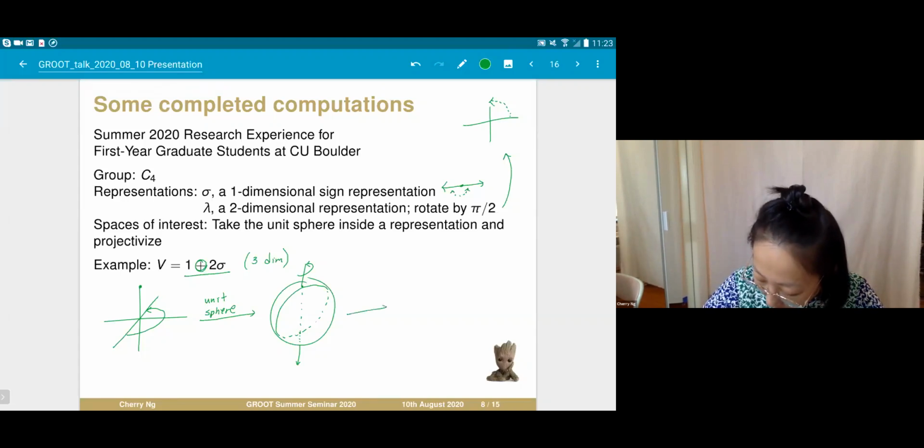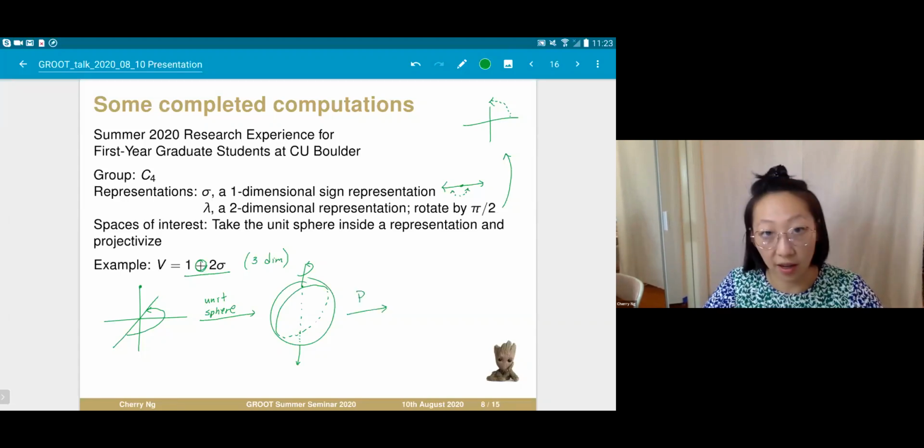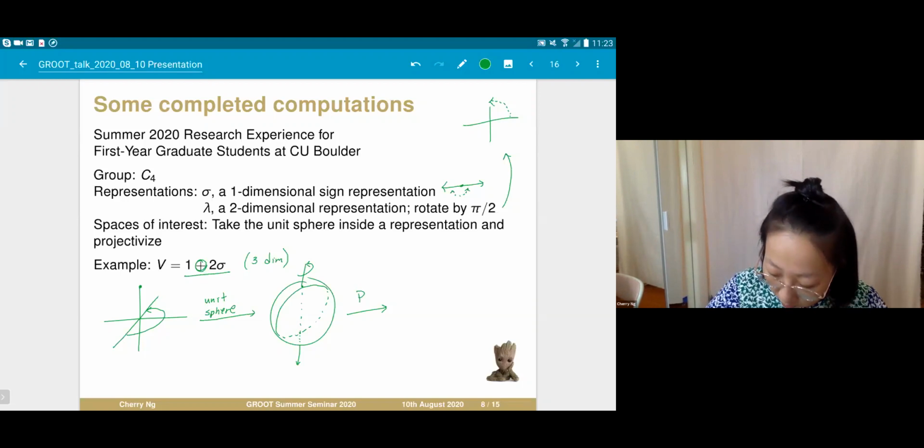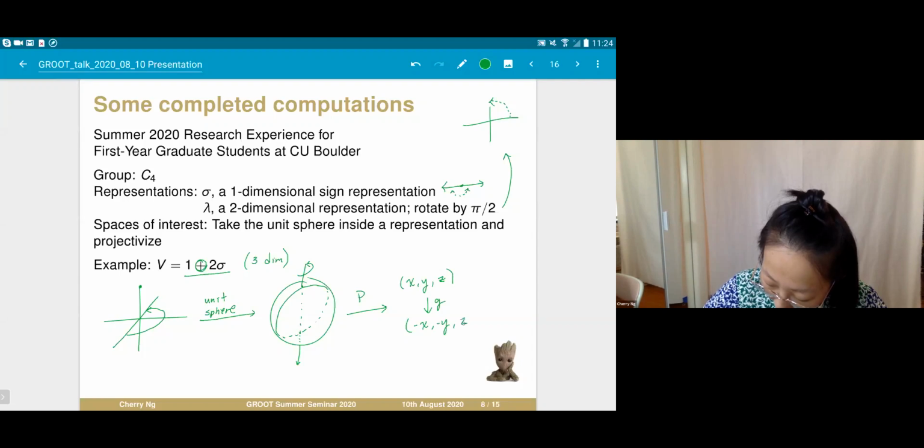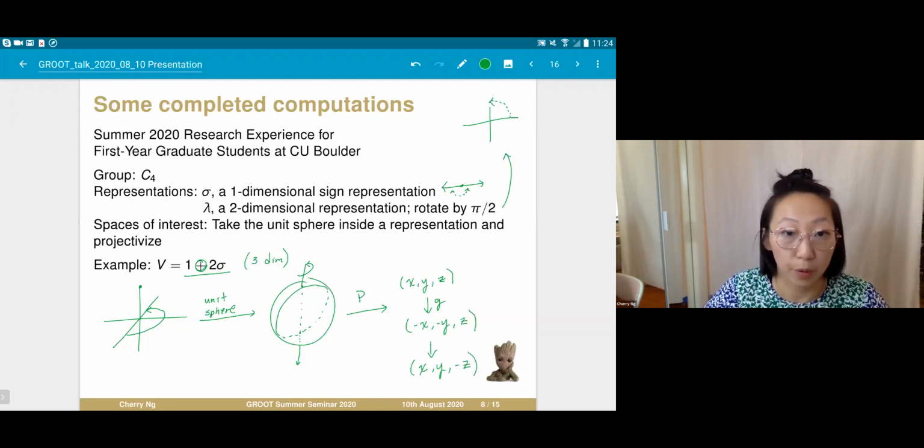And then the last step is to projectivize, and I'm not going to draw this because there's really no hope for it, but the idea is that a generic point X, Y, and Z under the group action would have mapped to negative X, negative Y, Z, and then under the projective identification is X, Y, negative Z, for example.